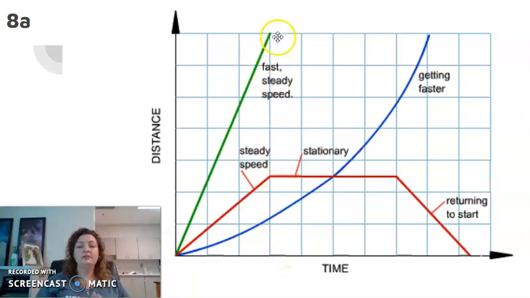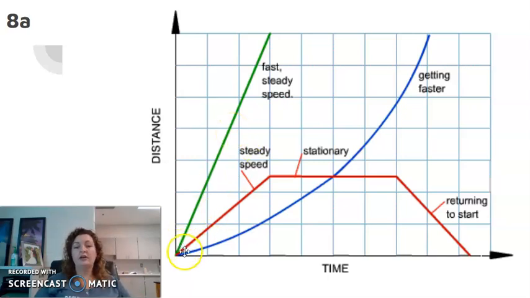So this is a very fast line, but it's also a steady or constant speed because it's straight. As distance is being covered, time is increasing at a steady rate, so it's constant as well. Kind of like cruise control on your car, but this is going extremely fast, like really fast cruise control.